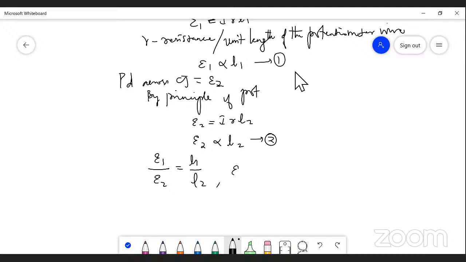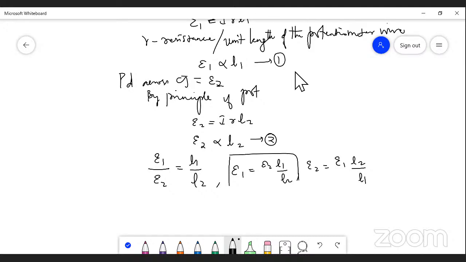So E1 can be calculated by knowing E2, L1 and L2. E2 can be calculated by knowing E1, L2 and L1. So the idea is simple. E1 equals E2 into L1 by L2. E2 equals E1 into L2 divided by L1.